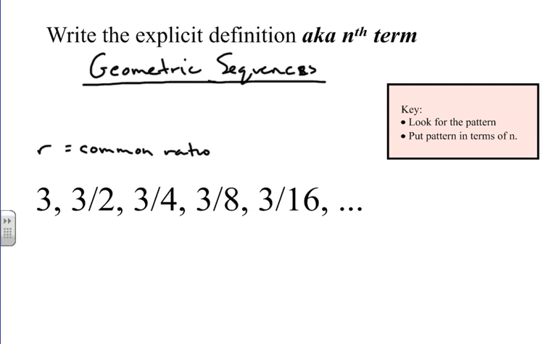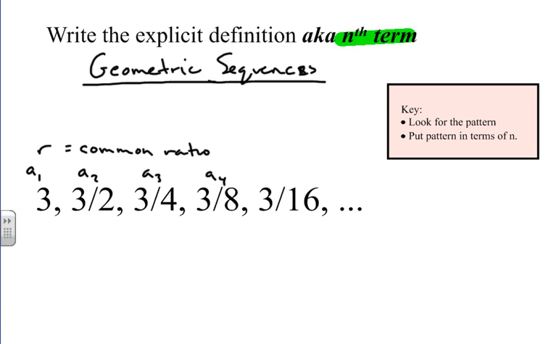So, for example, here's an example of a geometric sequence. We have our first term, a second term, a third term, a fourth term, and so on and so forth. And we're looking for the nth term, this number pattern put in terms of n.